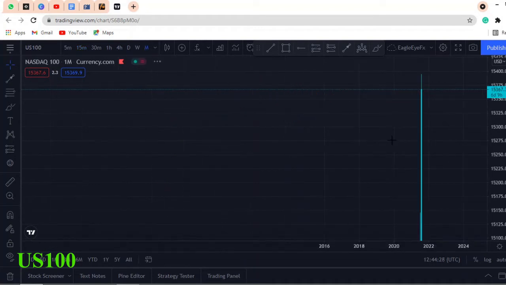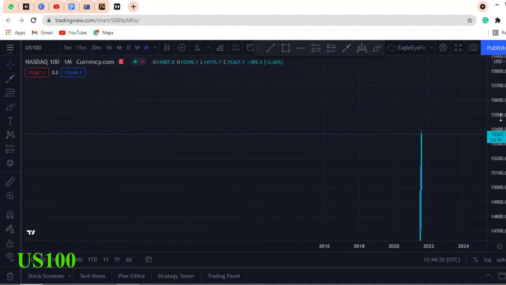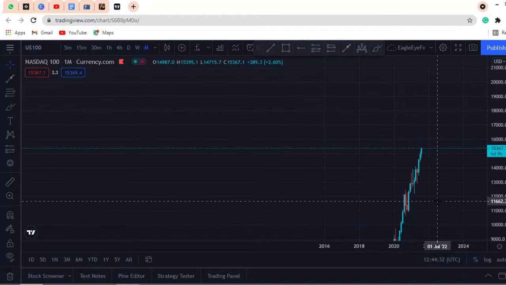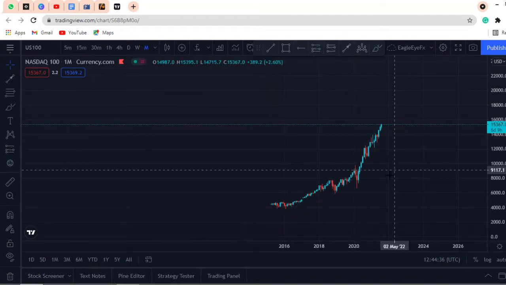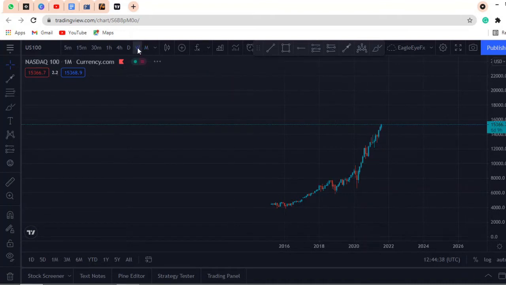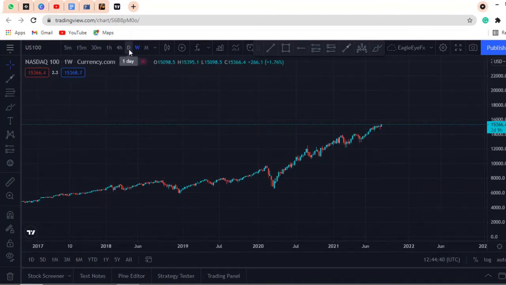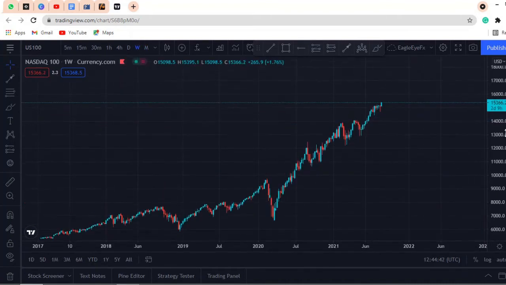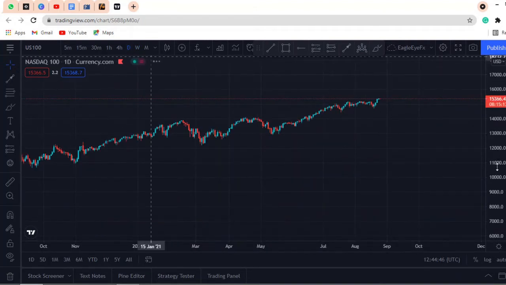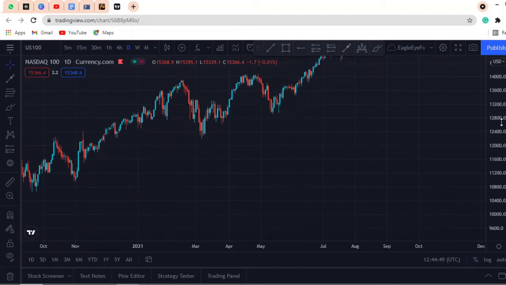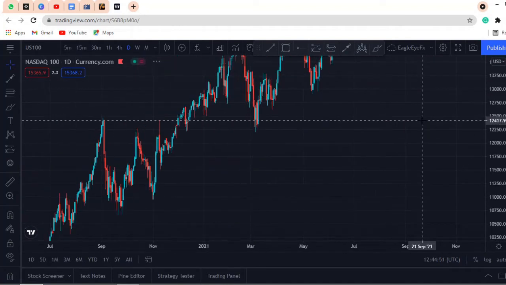Let's go to US100, or what people call Nasdaq. From the monthly time frame, you can see that Nasdaq has really been bullish, up. From the weekly time frame it is still the same. And from the daily time frame, you can start from there and start marking some levels.